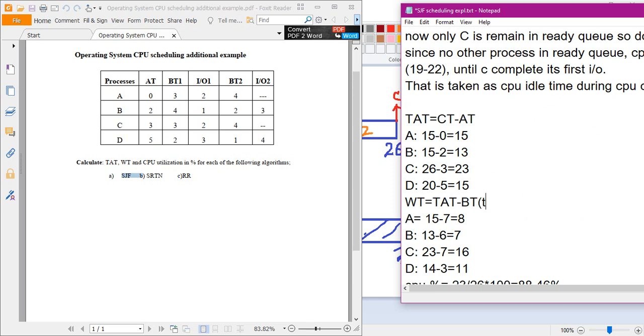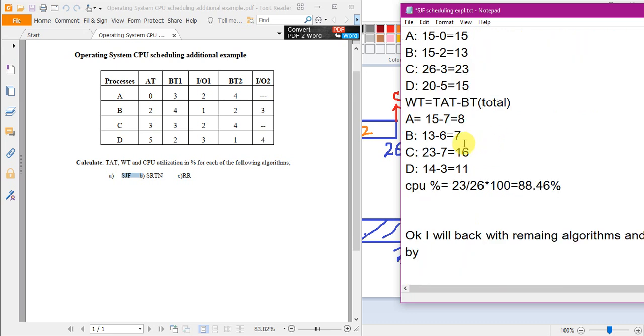The TAT of A is 15, the total burst of A is 7, so subtracting, this is 8. It's correct. It's correct for this one as well. That's 10. The waiting time for this one is simply 3, and we got 16 here.